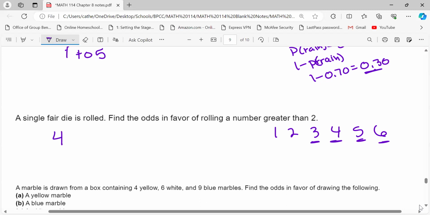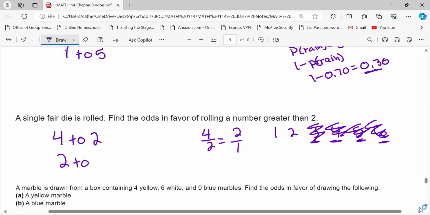So that's 4 possible outcomes that we want, as a ratio to what we don't want, a 1 or a 2, so that's going to be 2 possible outcomes. So if it's a fraction, we can reduce it. It will reduce to 2 over 1, so that's a ratio of 2 to 1. So the odds in favor of rolling a number greater than 2 are 2 to 1.